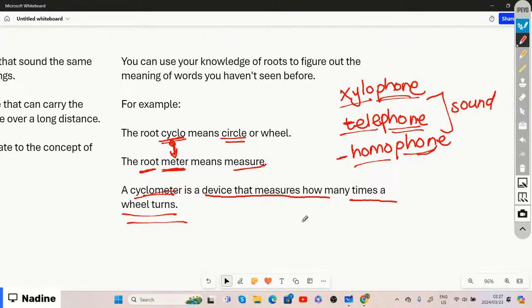I don't think encyclopedia is the same as, let's say, circle or wheel, because it's a book that gives us information on subjects or aspects of a subject. That is an encyclopedia, but it's not something to do with circle or wheel. So I don't think encyclopedia adds to that specific word.